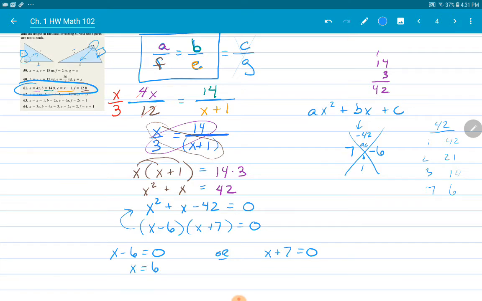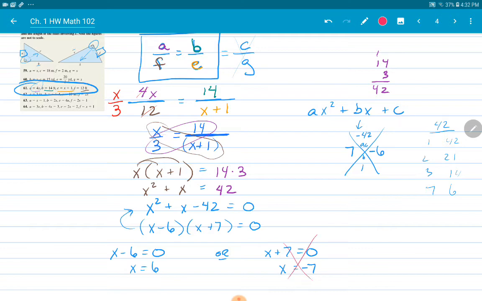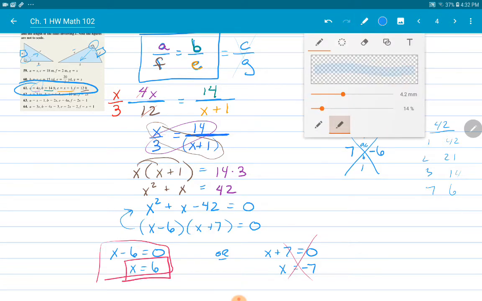If x plus 7 equals 0, then that would mean x equals negative 7. But looking back over here, for example, A is 4x, so x cannot be a negative number because these values are going to be sides. So I'm going to go ahead and throw that number out and just use this for our solution for x. So I'm going to highlight that.